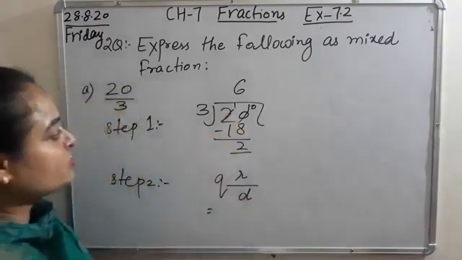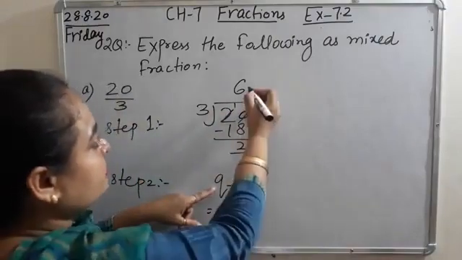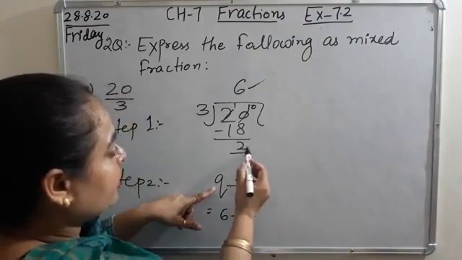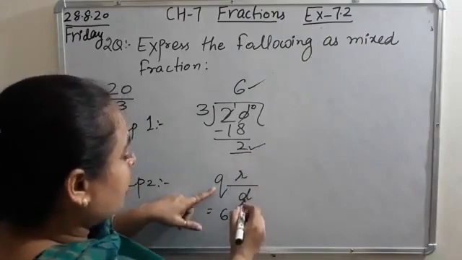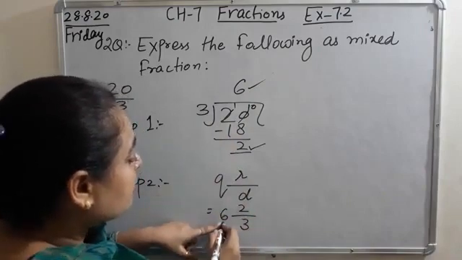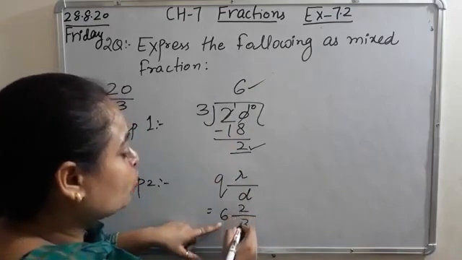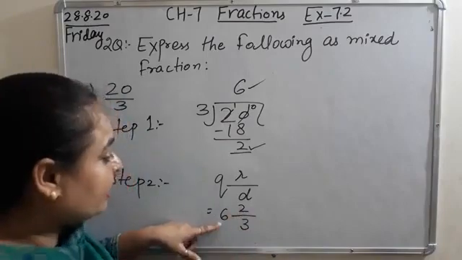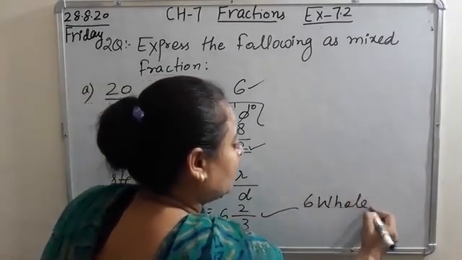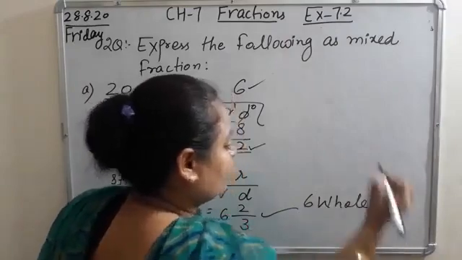Now check your division. Quotient is 6, remainder is 2, and divisor is 3. So this is 6 whole 2 by 3. I am repeating, this is 6 whole 2 by 3.